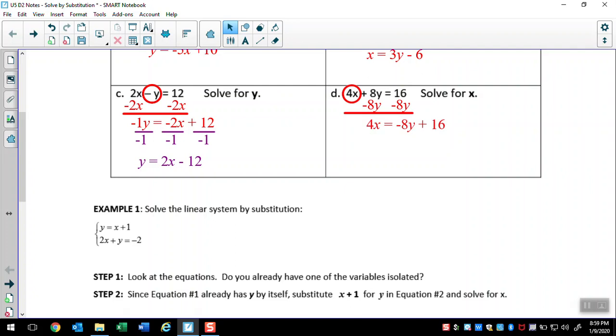Now I can divide every single term, if I can find it, by 4. So every term is going to divide by 4. Those 4's cancel out, and we are left with x equals negative 2y plus 4. Alright, so that is a skill, it's a review skill, but we will utilize that later on in this lesson.